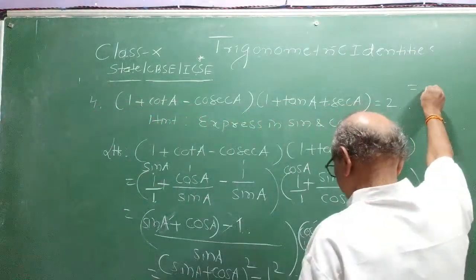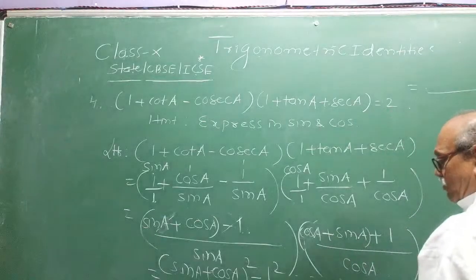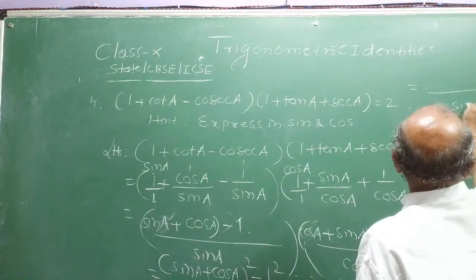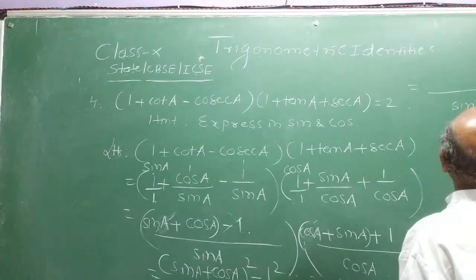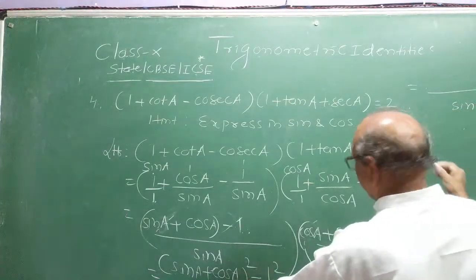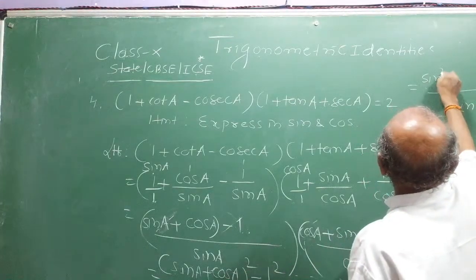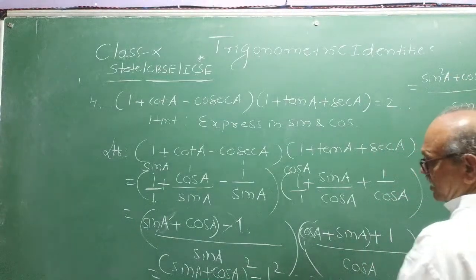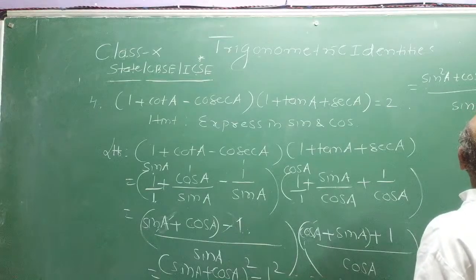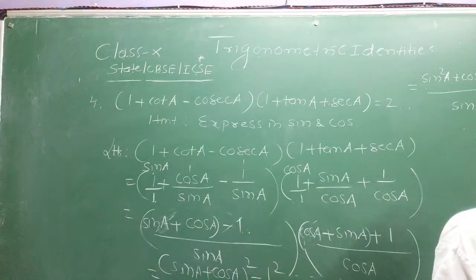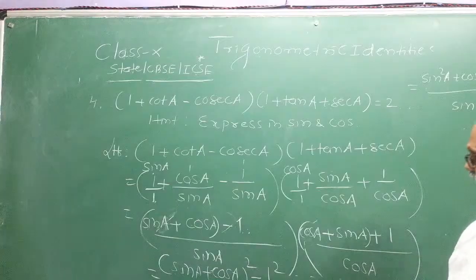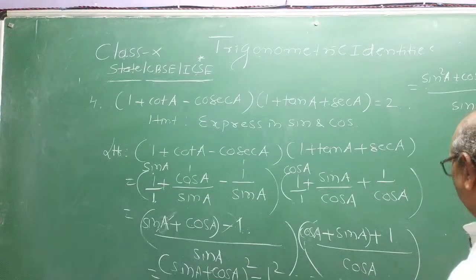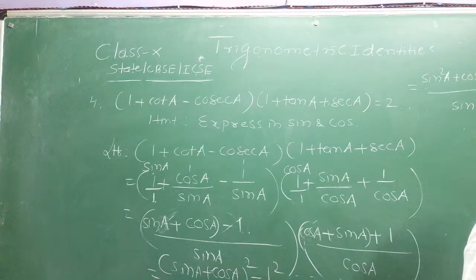You will get, in the denominator you have sin A into cos A. In the numerator you get A square, that is sin square A plus cos square A plus 2 sin A into cos A. Check. Minus B square is minus 1.